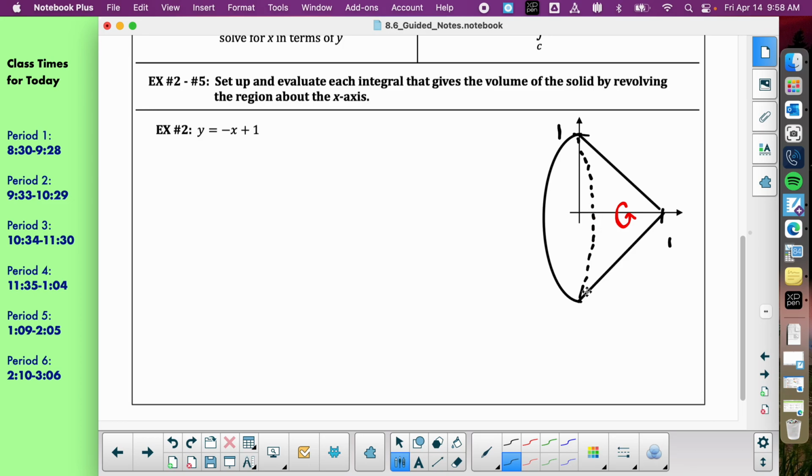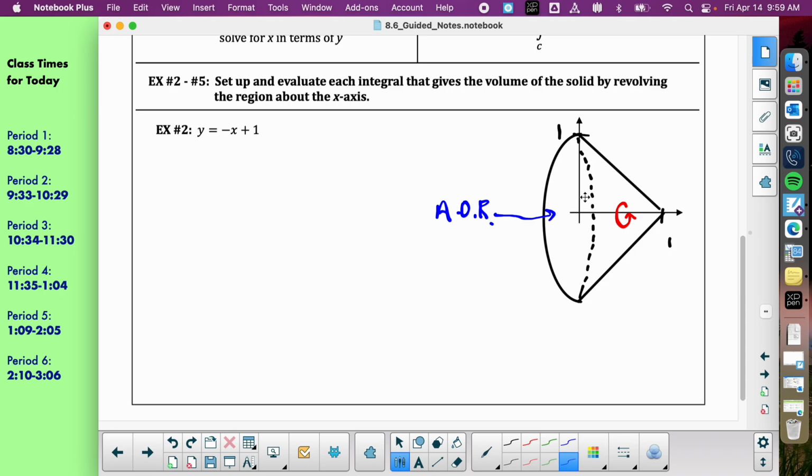Okay, there's the cone it would make. Our radius would absolutely go from the axis of revolution. If it helps for me to label these, I certainly can. I'm just going to call it AOS because I don't like writing that. Axis of revolution.